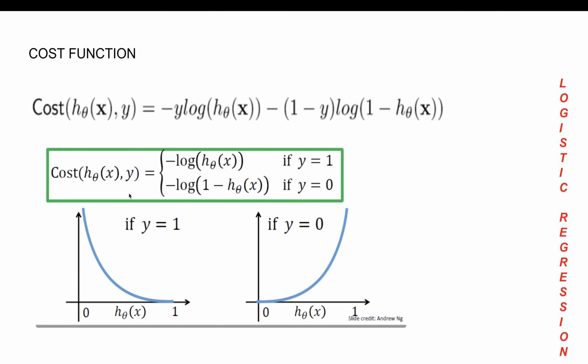Now the whole idea in logistic regression is to minimize this particular cost function, and you can actually see the curve over here. This curve is almost equal to the gradient descent curve that you see in linear regression.